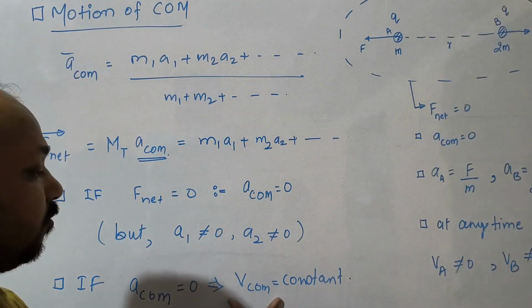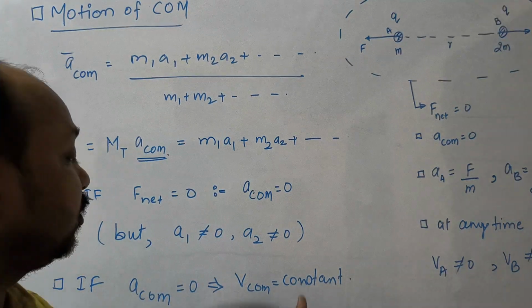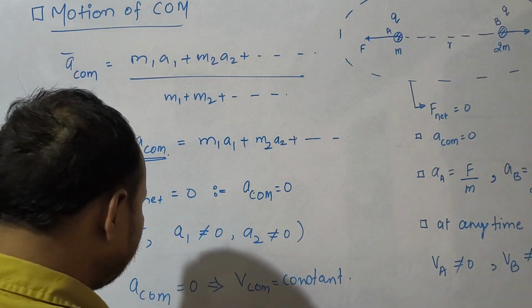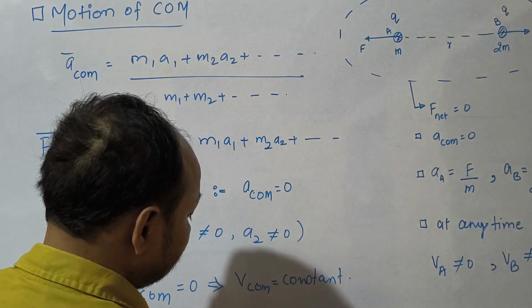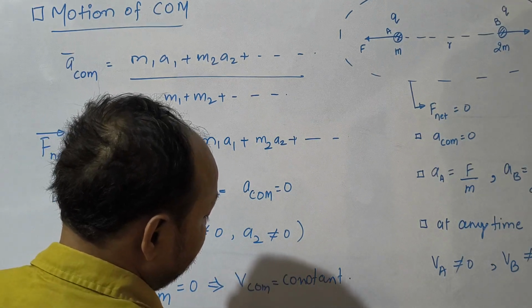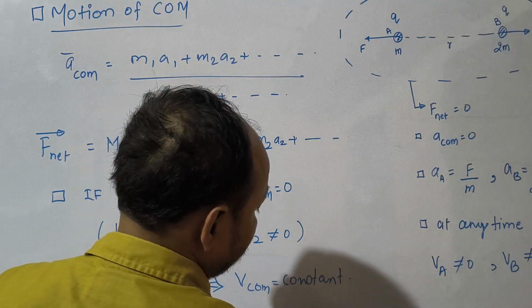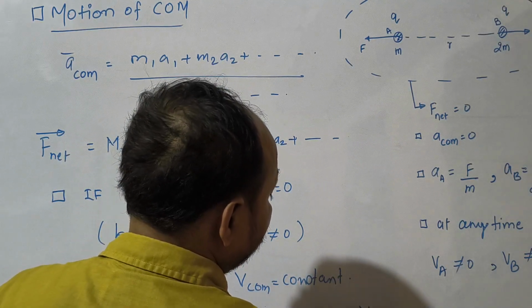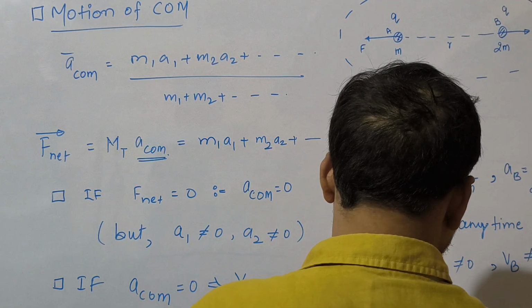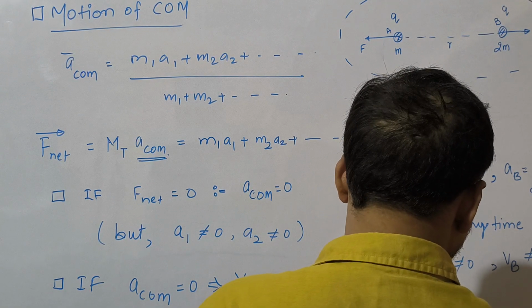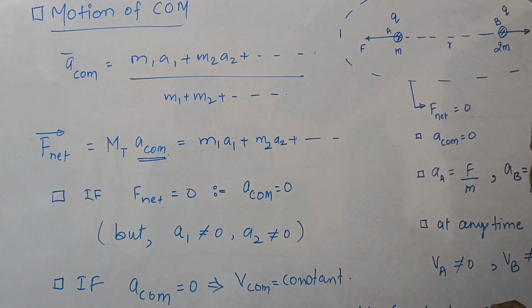So if the velocity of center of mass is constant, this doesn't mean that V1 is constant and V2 is constant.